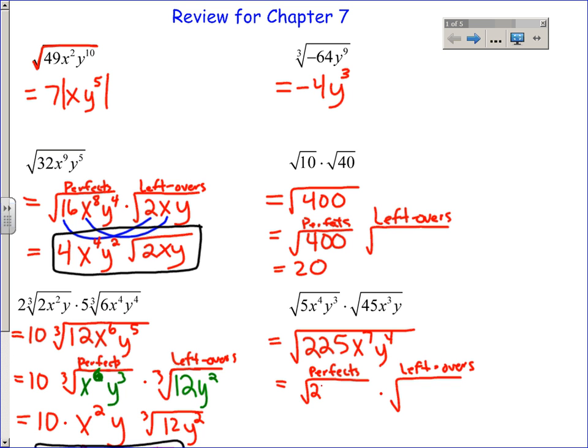If you don't remember if it is or you don't have your perfect sheet, you just take a calculator, square root of 225 comes out exact, so it's a perfect. x to the 7th is not all perfect. We have the even power that is perfect, so that's x to the 6th. That gives me a leftover of just a single x. And then we have y to the 4th is even, so it will be perfect.